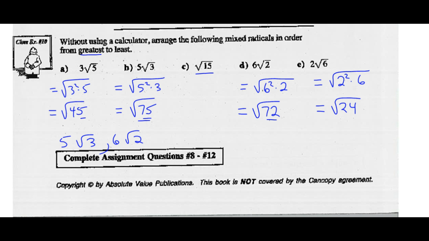And then we've got radical 45, which is 3 radical 5. And then I've got radical 24, which is 2 radical 6. And finally, radical 15 is the smallest value. So if you convert these all into entire radicals, then you look at the radicands, we're simply ordering numbers. All right. So now try questions 8 through 12.